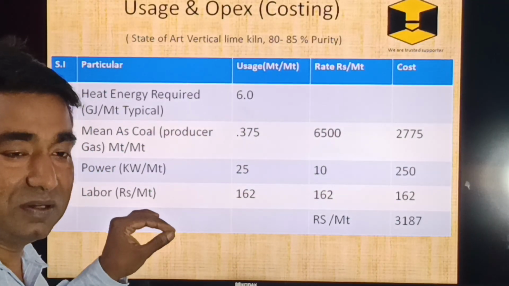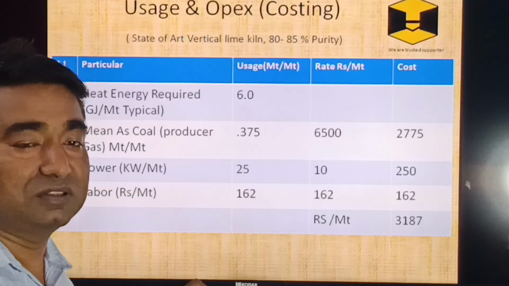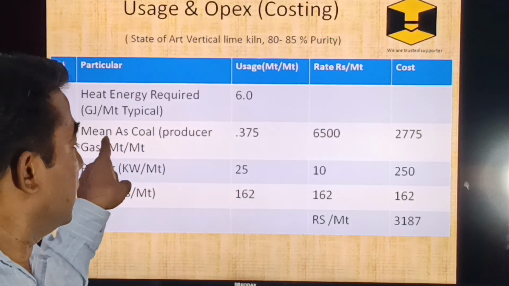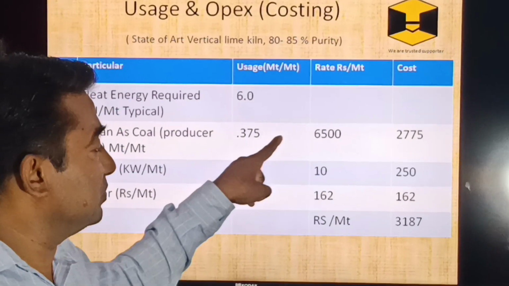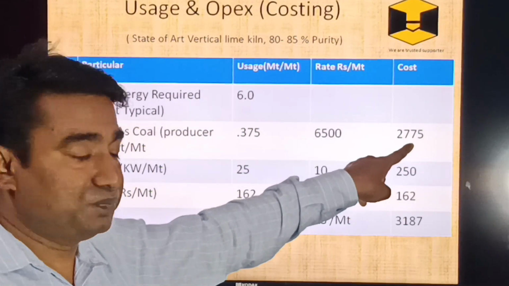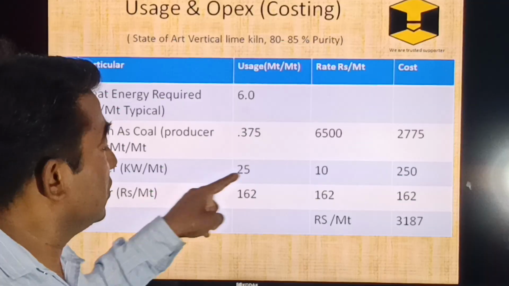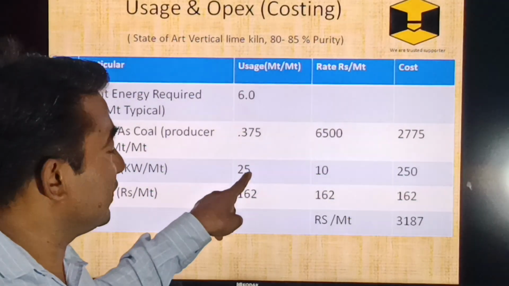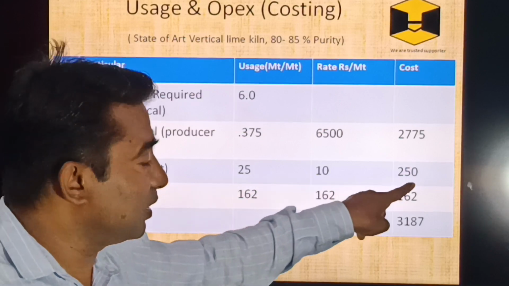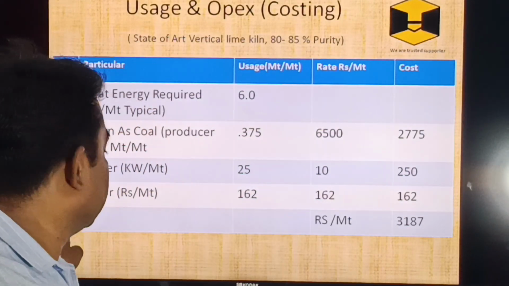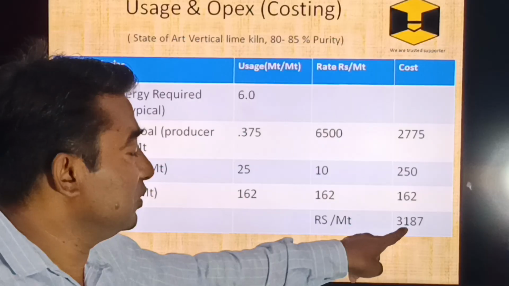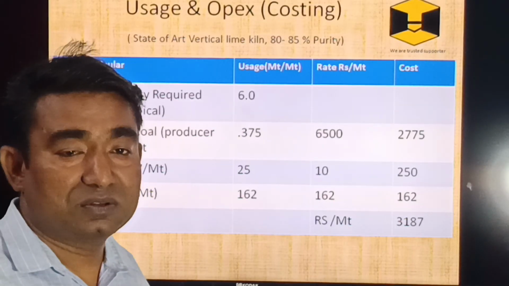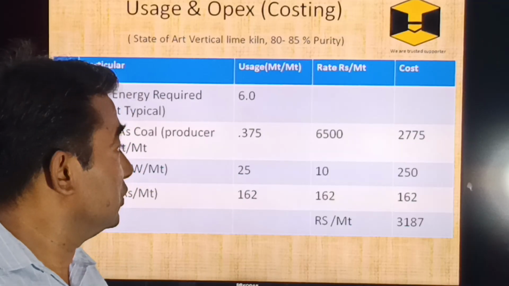Usually it will be only in the range of 300 to 325, but to take a more pragmatic view, this should be the maximum consumption, and the cost will be this much. Power consumption will be 25 kilowatt per metric ton, amounting to 250 rupees, and the labor charges will be 165. So the maximum in-house lime cost will be around 3200 per metric ton.